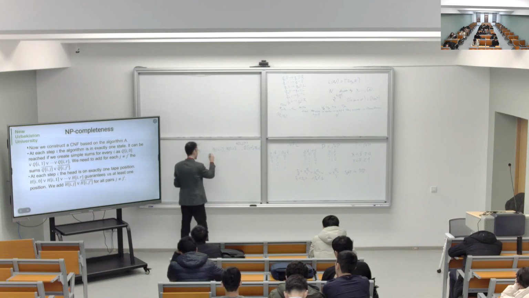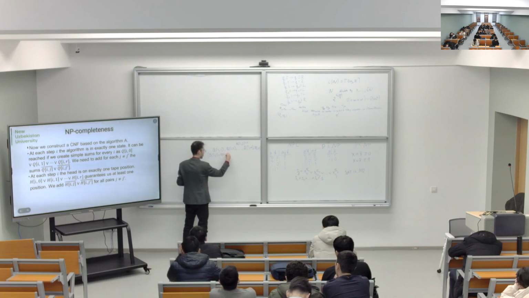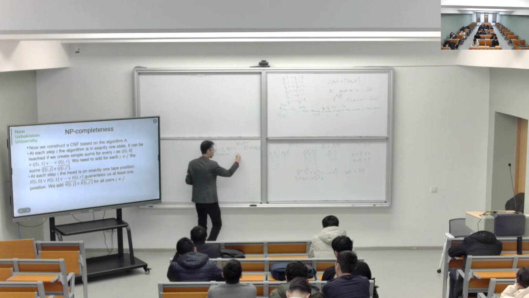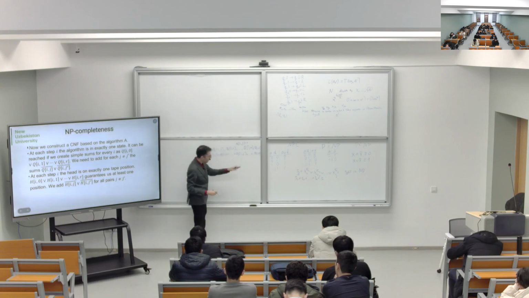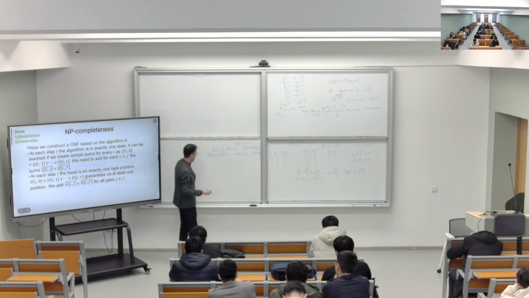So the first thing will be Q_i1 or Q_i2 or etc., Q_ij, etc., Q_i0, as one of the clauses, it doesn't matter.